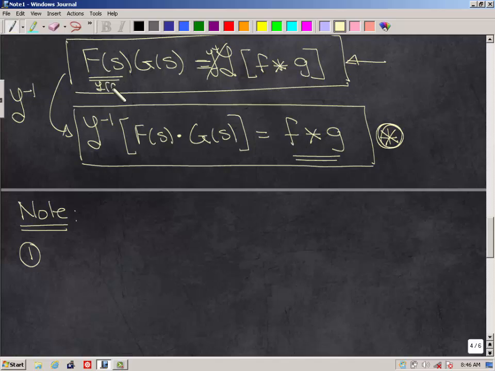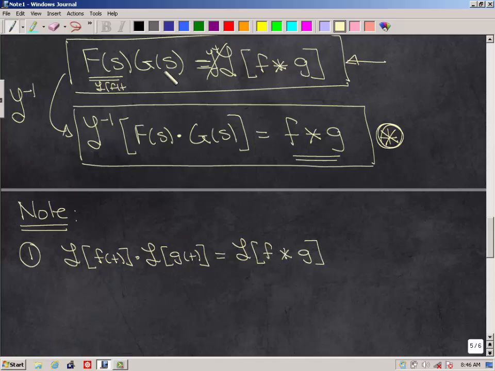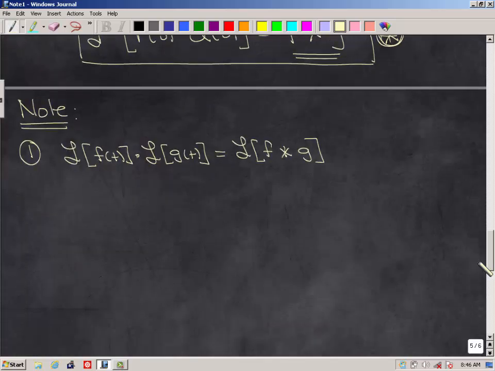It's Laplace of little f of t, and big G is the Laplace of little g of t. So we know Laplace of little f of t times the Laplace of little g of t is equal to the Laplace of f star g. I'm just showing you notation-wise. Two.